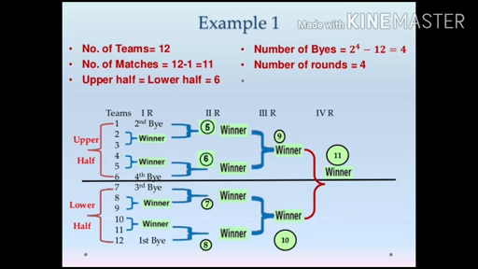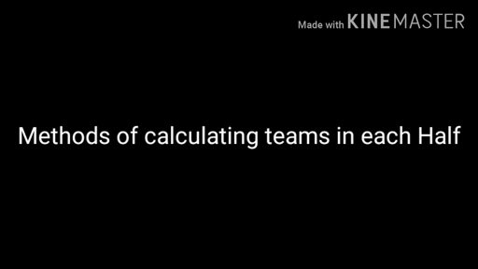Now the method of calculating teams in each half. If the number of teams is a power of 2, it becomes easy to divide the teams into 2 halves. But if the number of teams is not a power of 2, the following procedure will apply.